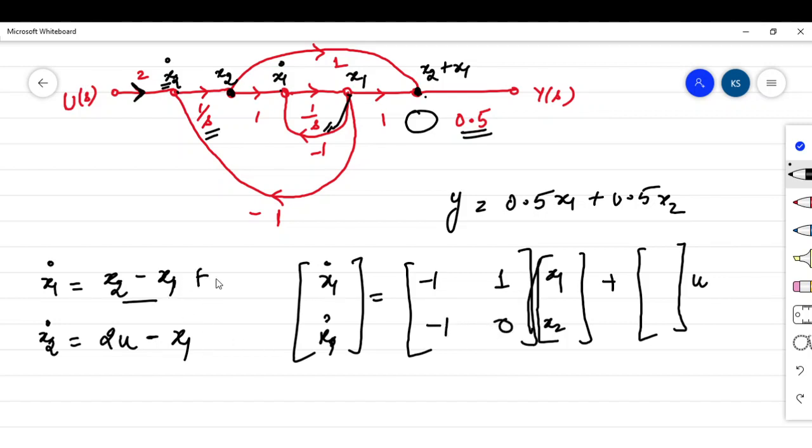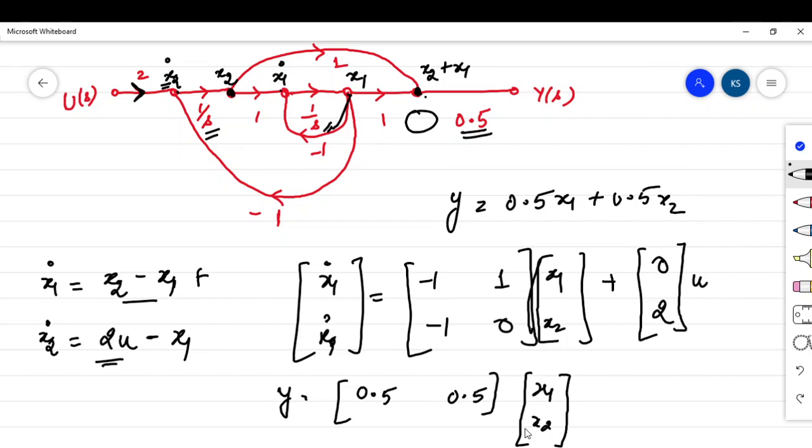Because it is not dependent on input, we write it as 0. It is dependent on input, so we write it as 2. And the output equation can be written as 0.5 x1 and 0.5 x2, so we will write the C matrix as 0.5, 0.5. So in this way, we can formulate the state space model from a signal flow graph.